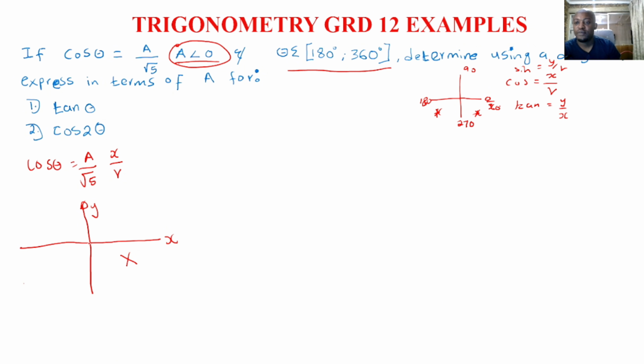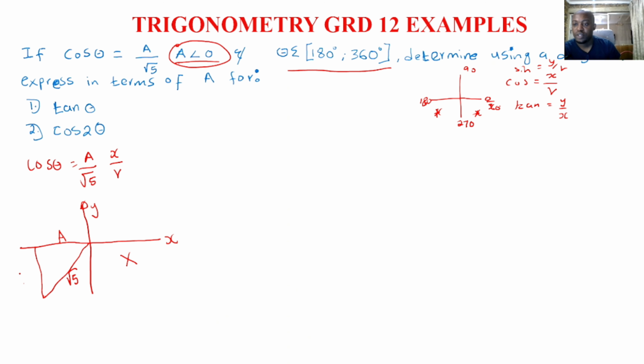So therefore our diagram will be here, where a is less than 0. So it means our a is here, and our r is square root of 5.